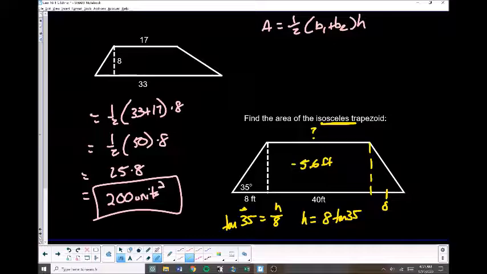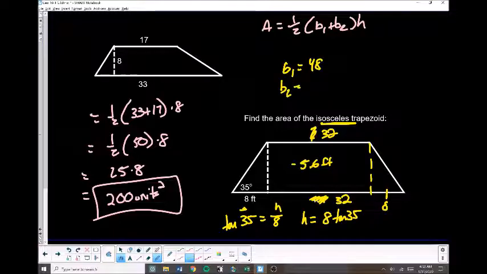If that is 8, then this must be 32. I have to take 8 away from the 40 to make it 32. So this length right here is 32, which means this length up here is also 32. So my bottom base is 32 plus 8 plus 8, which is 48.